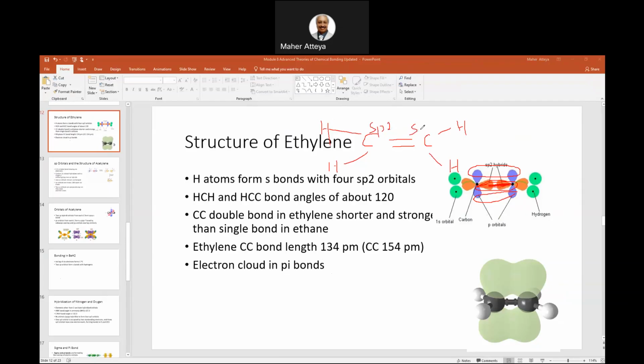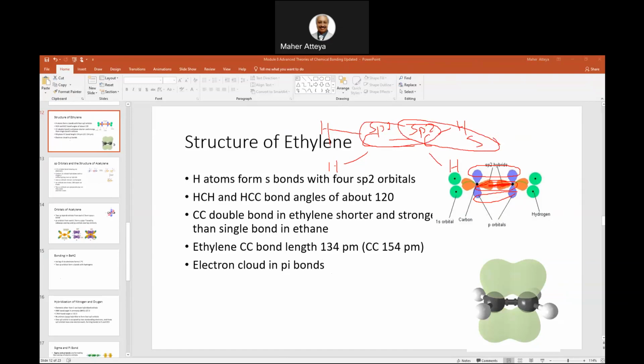So the interaction between carbon sp2 and carbon-hydrogen, this is s, so it will be sp2-s, and those two will be sp2, correct? And the angle is 120 degrees.